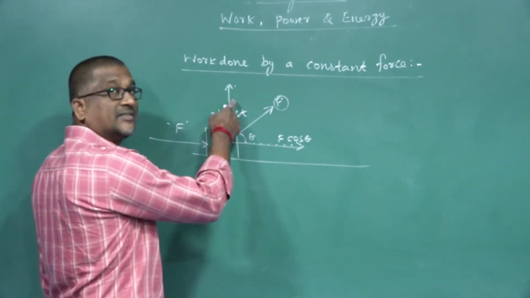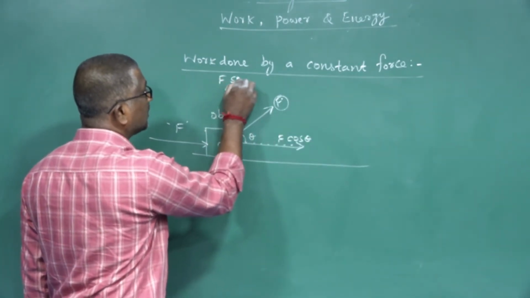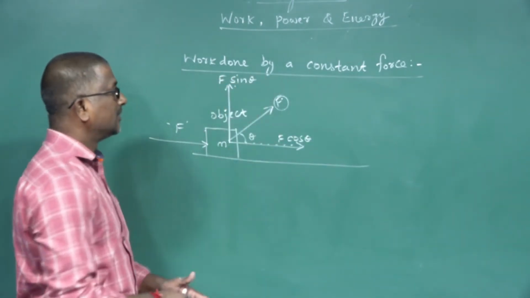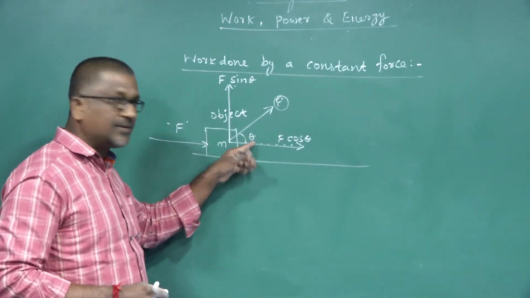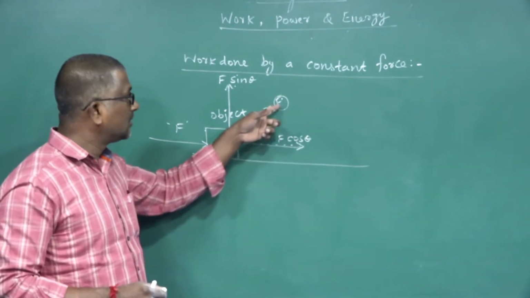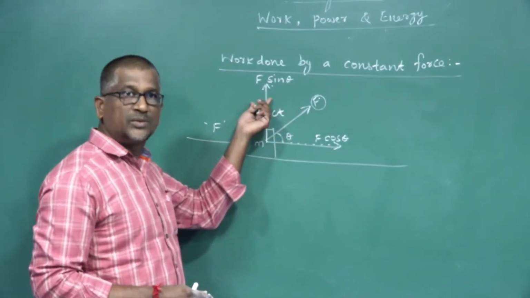And another component is the vertical component. This vertical component is the sine component, F sin theta. So here F is a given constant force which makes an angle of theta with the horizontal, and the force can be resolved into two components, horizontal and vertical.